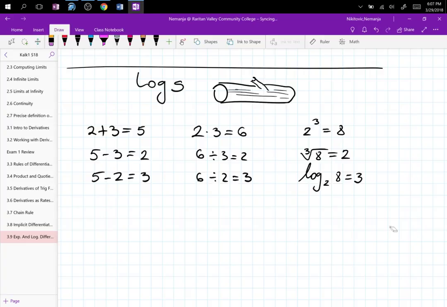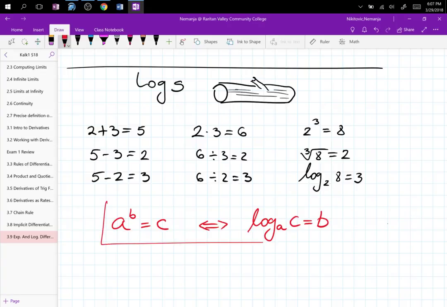And that fact gives us the most important conversion formula for logs. This is all pre-calculus 1 still. So a raised to the power b equals c converts into log base a of c equals b. This is the conversion formula from one realm into the other.